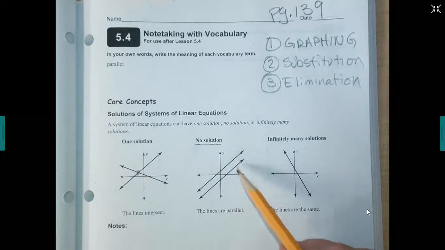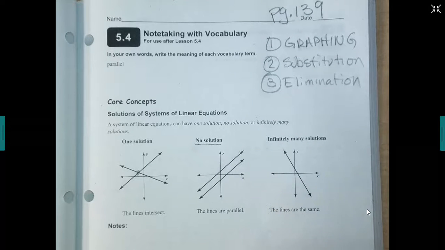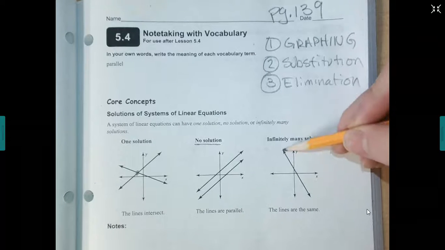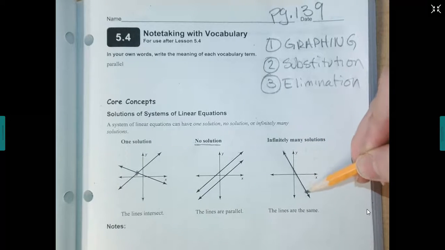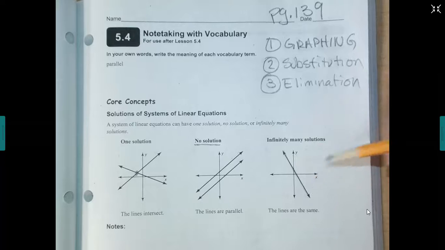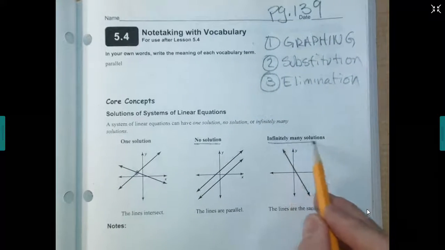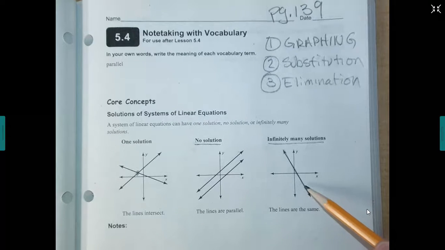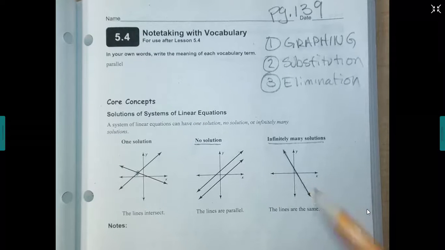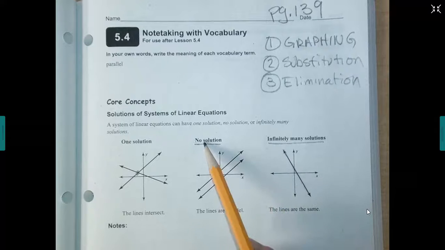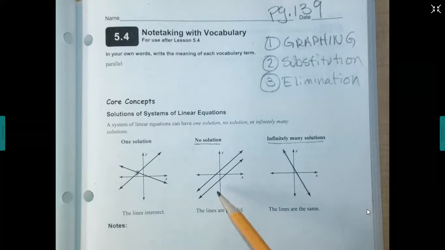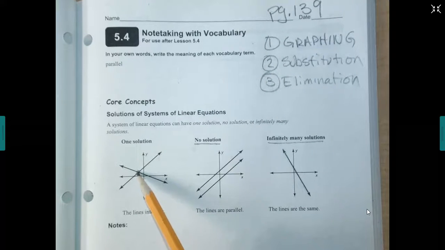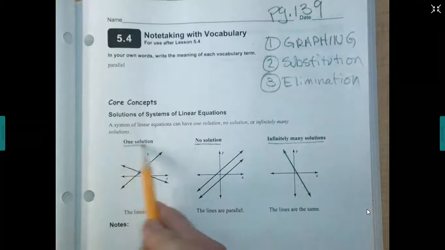And the third is if you have two different linear equations whose lines are exactly the same, which means you have an infinite number of solutions.